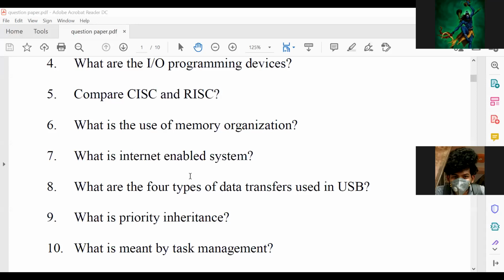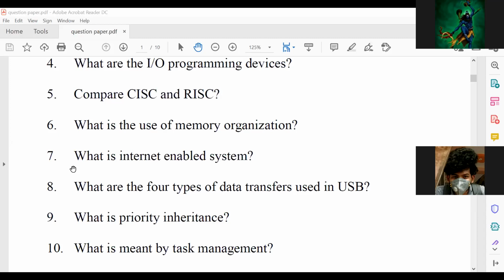The fourth unit is distributed embedded systems, distributed networking and embedded networking. If I want to communicate or build a network, I have to go with the distributed networking system. In distributed networking, the communication has to be bidirectional.